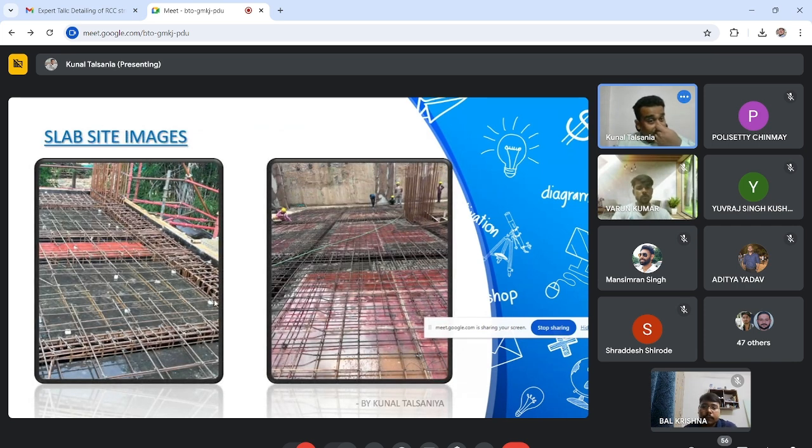So these are actual site images of slabs. You can see this is the continuous slab, this is the beam, this is the column, and you can see these are covers.